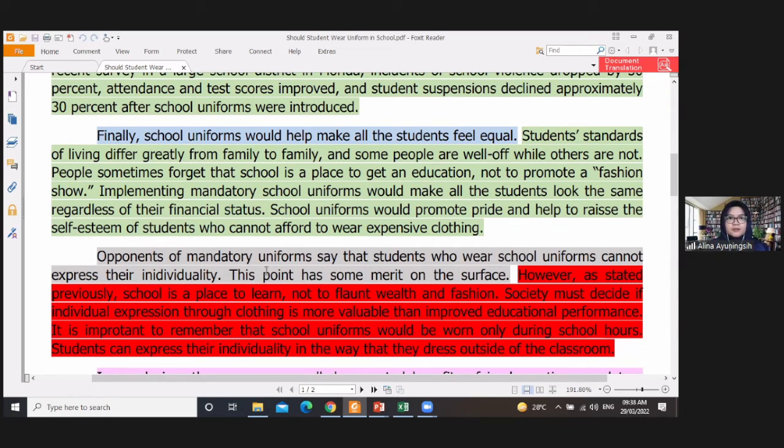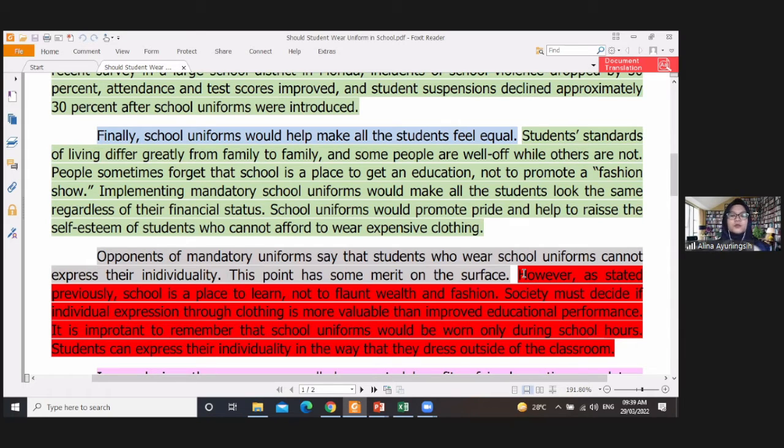But then starting from here, this point has some merit on the surface. Tapi dia ada keuntungan cuman di luaran aja, not in details. And then starting from the word however until classroom, here this student just makes the rival or the opponents lose with his or her opinion, because there is the word however. Jadi dibalikin.